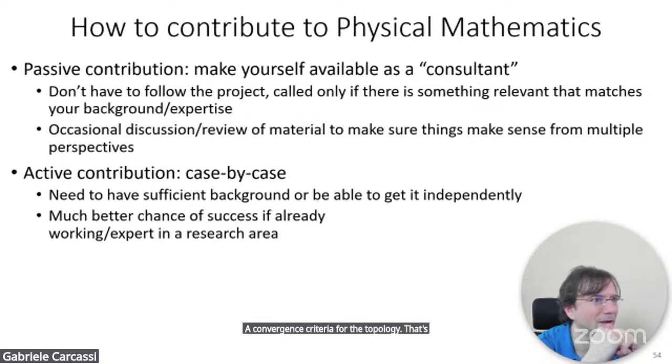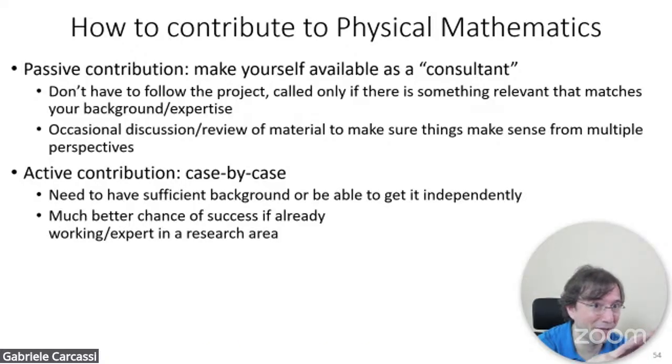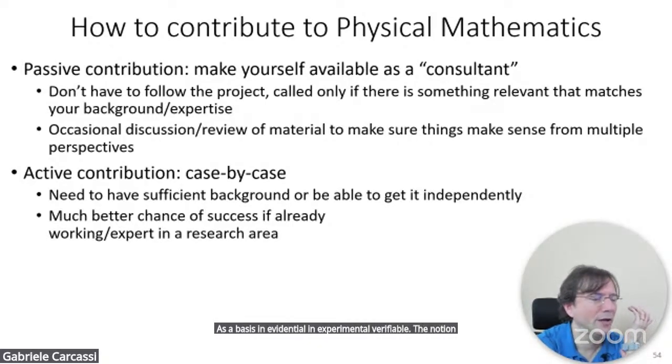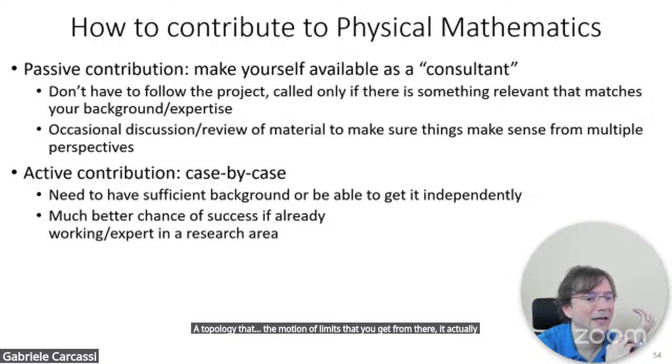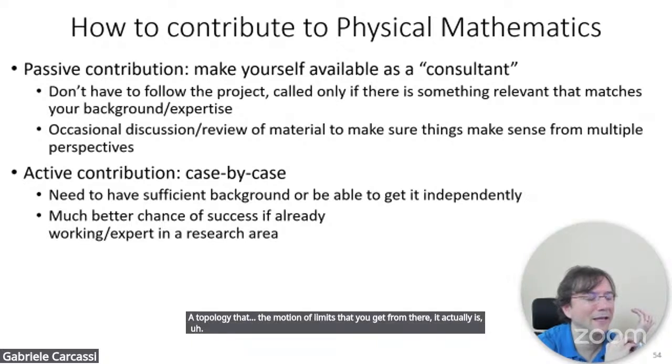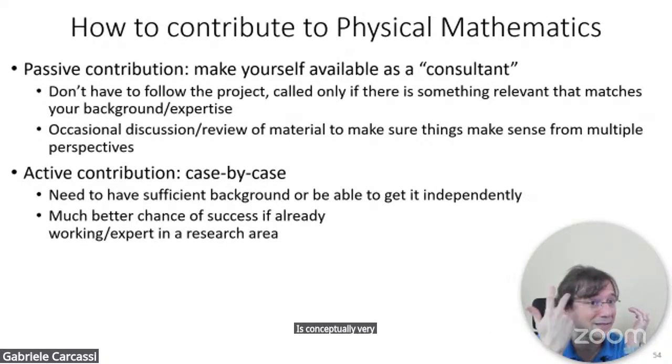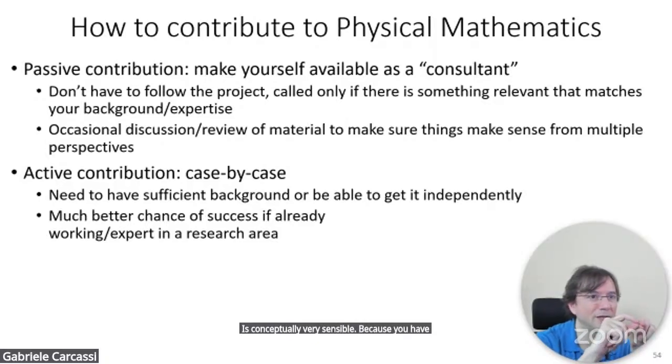We need to have it because that's what we're getting just by saying that the theory has a basis in experimental verifiability. The notion of limit that you get from there is conceptually very sensible, because let's say that you have a limit.